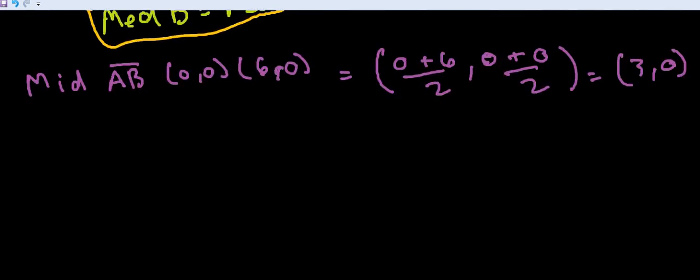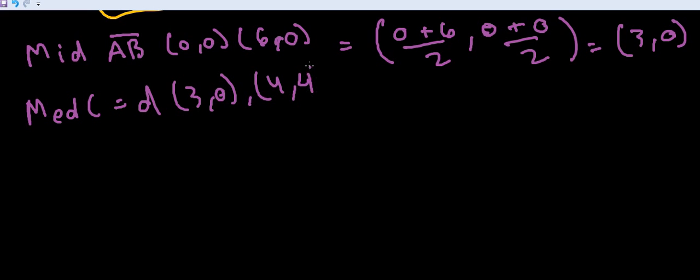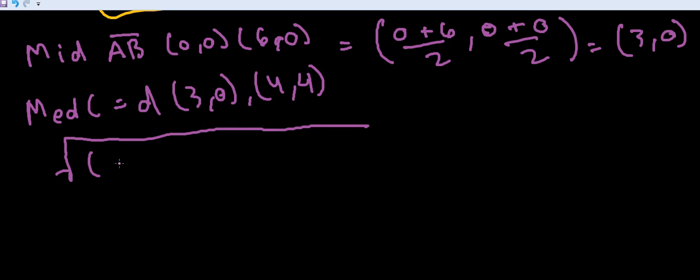So the median of C is equal to the distance from 3, 0, our midpoint, to 4, 4, which is point C. That's the square root of x2, which is 4, minus x1, which is 3, squared, plus y2, which is 4, minus y1, which is 0, squared.